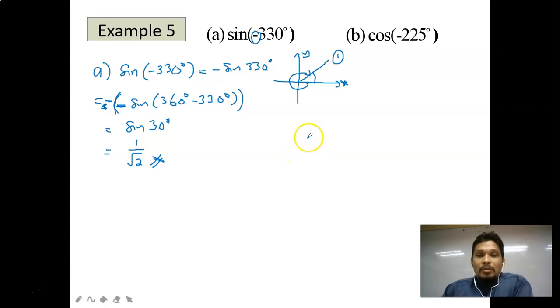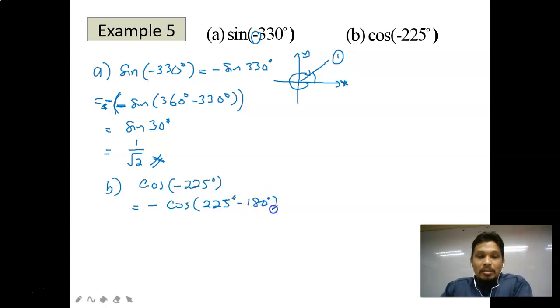And what about cos negative 225? Cos negative 225 degree equal to negative cos of 225 degree minus 180 degree.